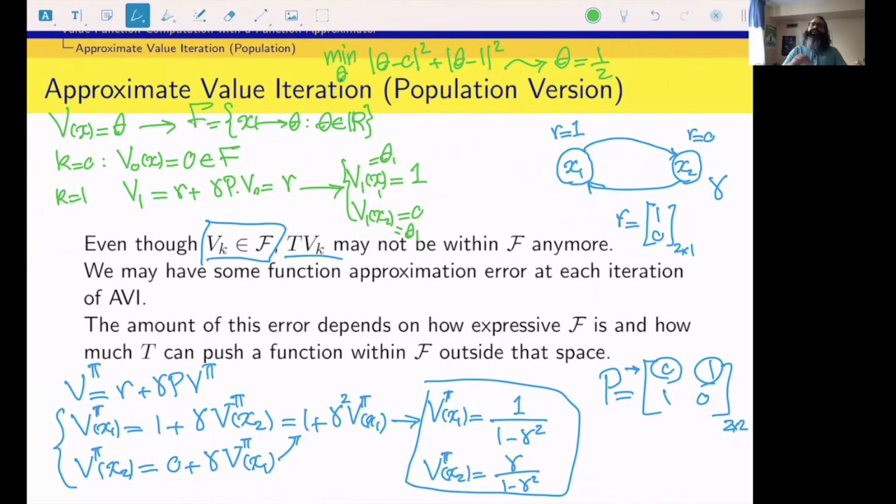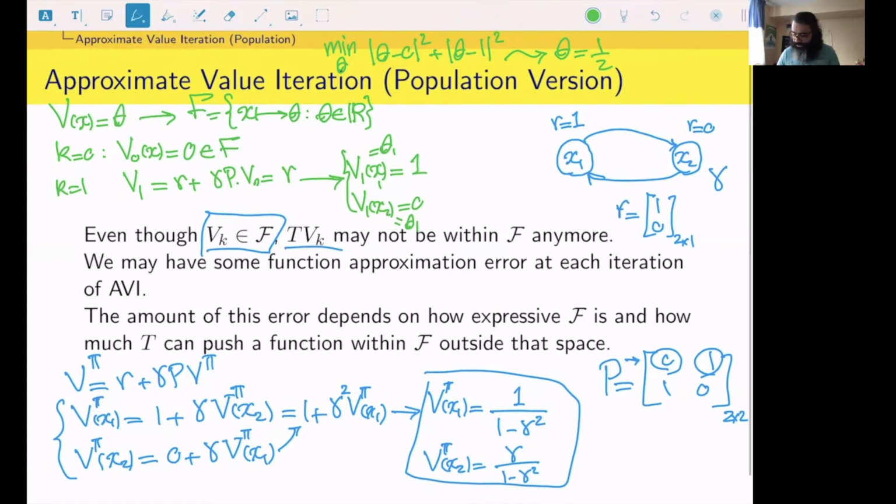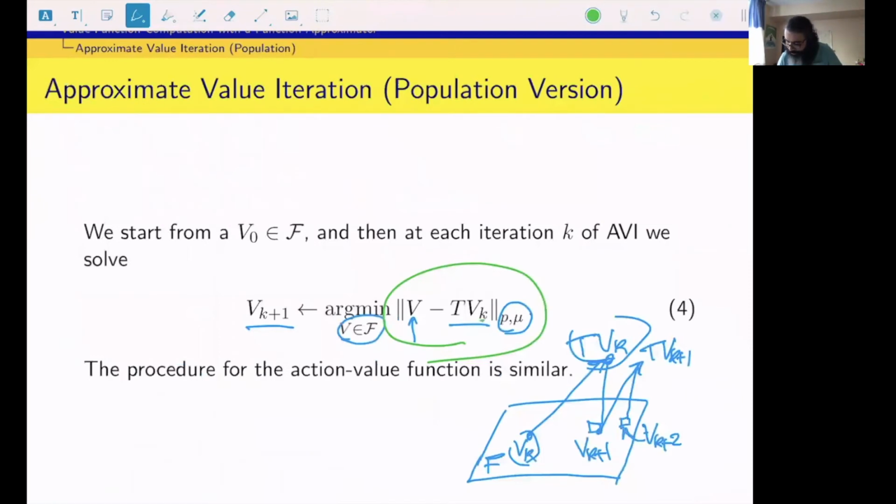Maybe in this lecture I'm not talking about RL, but in the next lecture, hopefully we cover it. You can see that this procedure can be converted to an empirical or data-dependent one by modifying this T of V. This step requires a model, T pi of Vk. If we don't know the model, we can't compute it. But if we have data, we can have an unbiased estimate of that T of Vk.